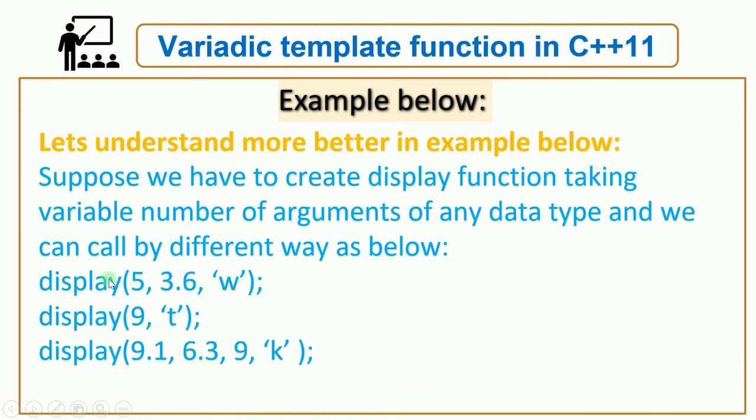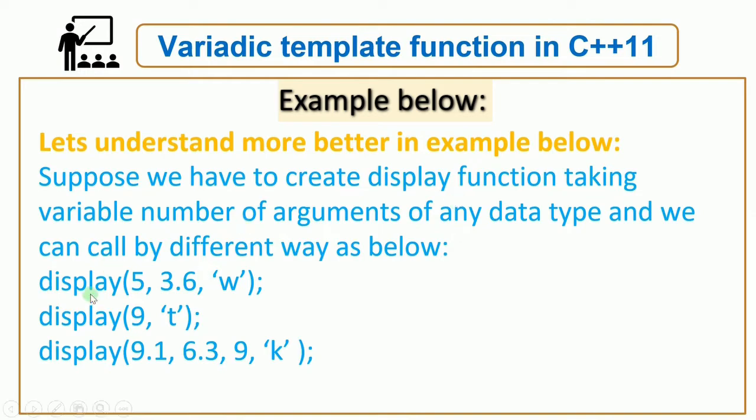You can see here display. If we are passing three arguments, suppose the display is defined in such a way that, we will see later how it should be defined, what type of display function will be called as a Variadic template function. That definition we will be seeing in the ahead slides.